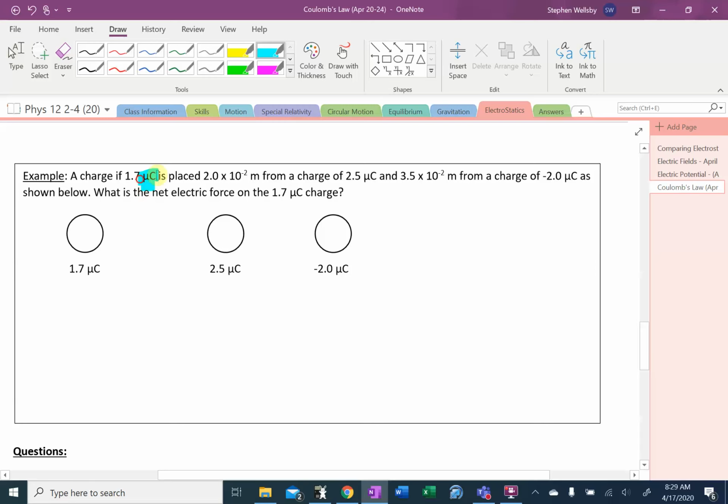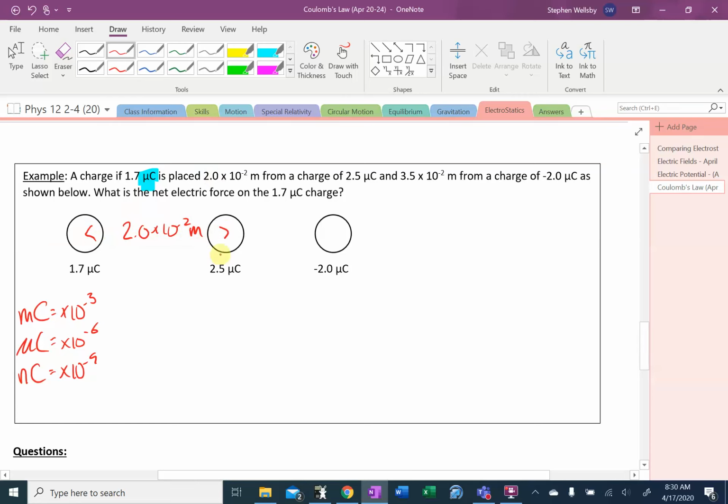So microcoulombs, remember, millicoulombs is going to be times 10 to the minus 3, microcoulombs is times 10 to the minus 6, nanocoulombs is times 10 to the minus 9. Okay, so this is my first one here, 1.7 times 10 to the minus 6, and this is 2.0 times 10 to the minus 2 meters, so 2 centimeters.